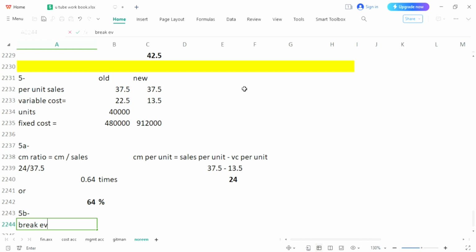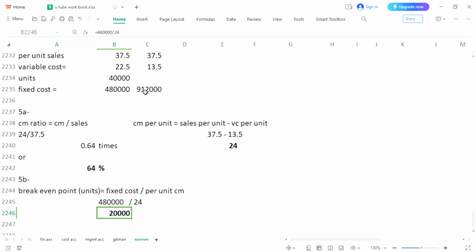break even point in terms of units. We need to calculate, which would be calculated by taking fixed cost. It would be divided by CM per unit. Change our fixed cost from 4,80,000 to 9,12,000, and we were calculating old. 9,12,000 is your fixed cost and 24 per unit.